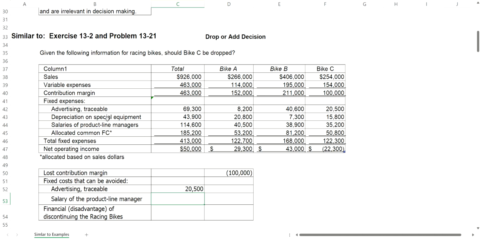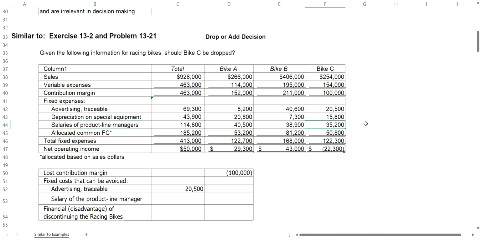Next, we'll look at depreciation on special equipment. It doesn't say anything about any of that being eliminated. It could be some store equipment to store the bikes. So therefore, none of that fixed cost could be saved. Next, we'll take a look at the salaries of the product line managers. We're going to assume that if we eliminate a bike, we would eliminate that product line manager.